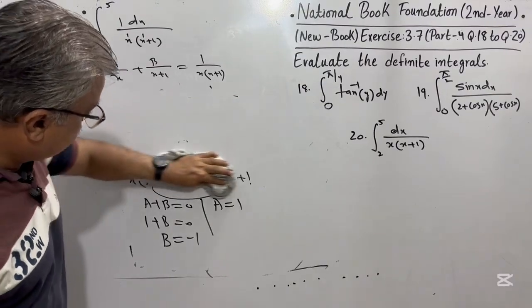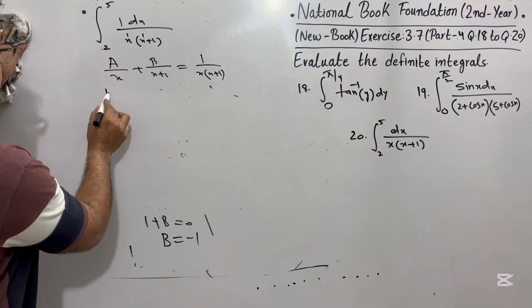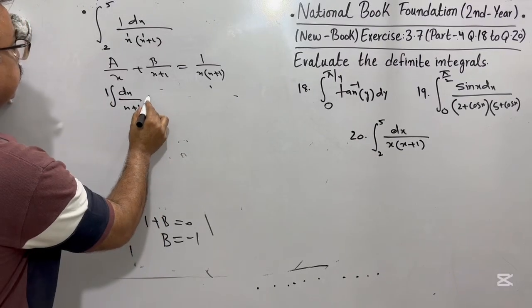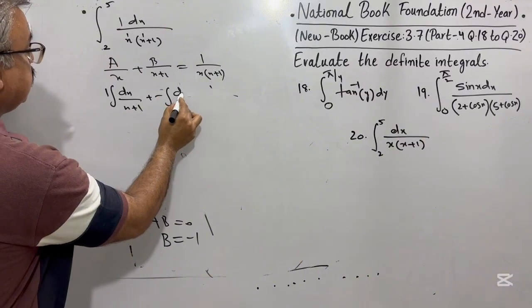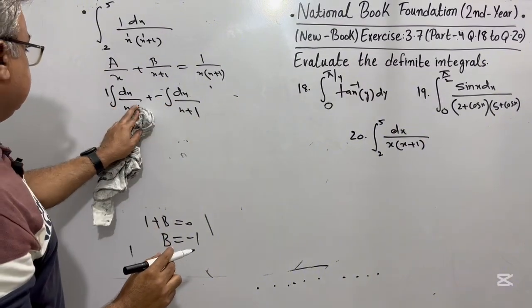We have a, which is 1 times dx over x, and b is minus 1 times dx over x plus 1.